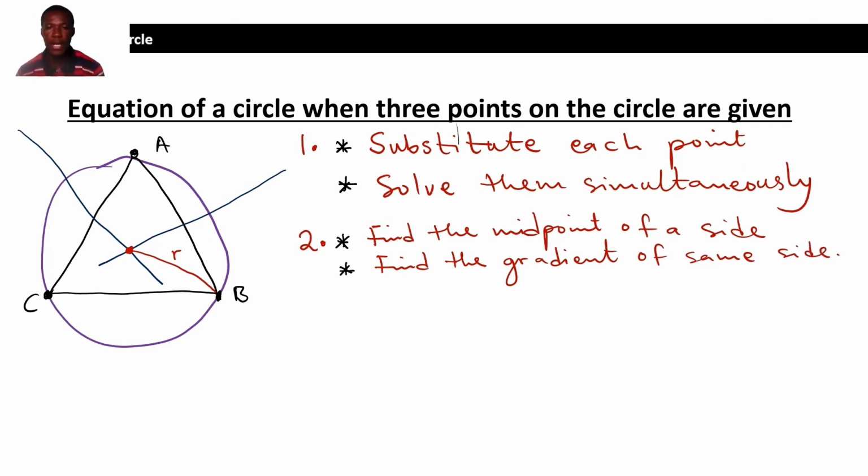Now, assuming the gradient is m, this gradient will guide you to find the gradient of a line that is perpendicular to the side you are working with. Because it is perpendicular, the gradient will be the negative inverse of the side gradient you determined, and that will be negative 1 over m.